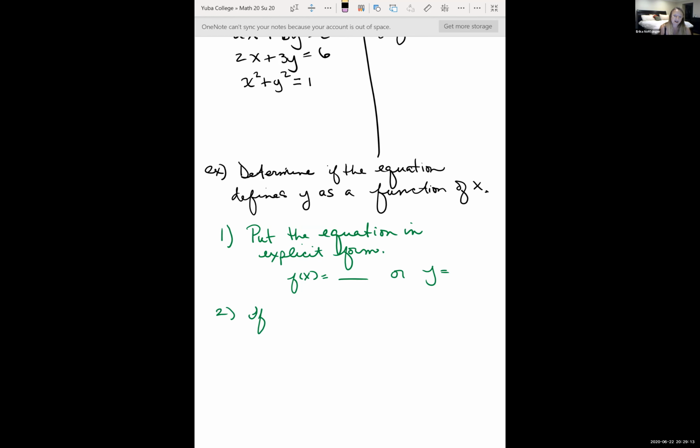A lot of times from there, we can tell if it's going to be a function or not, but if you can't tell, if the equation is a function in explicit form, try plugging in different numbers for x.